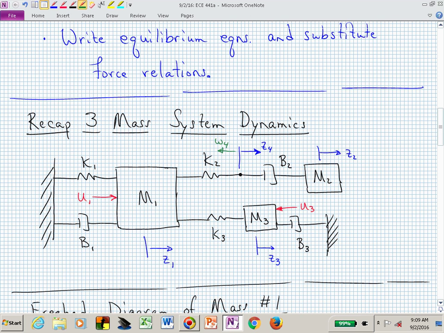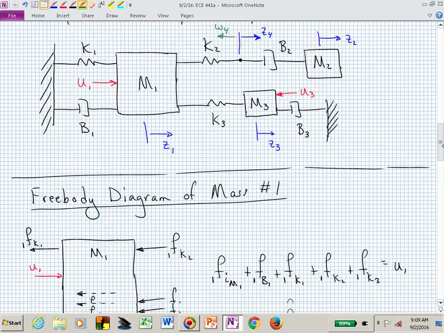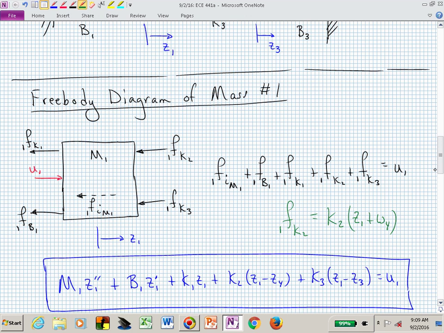But if you hadn't already looked at Z sub 4 and you just labeled it W4, wherever you had in this free body diagram F sub 1 K sub 2, you would replace it with K sub 2 times Z sub 1 plus W4. Is that clear?